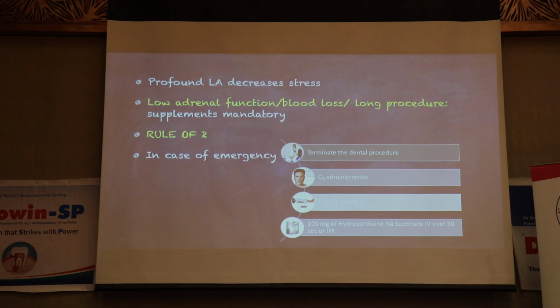If the patient has taken steroids within the last 2 months, for more than 2 weeks at 20 mg per day, we need to double the dose of steroids before the procedure, because the steroid we are giving will not be enough to cope with the stress mechanism.